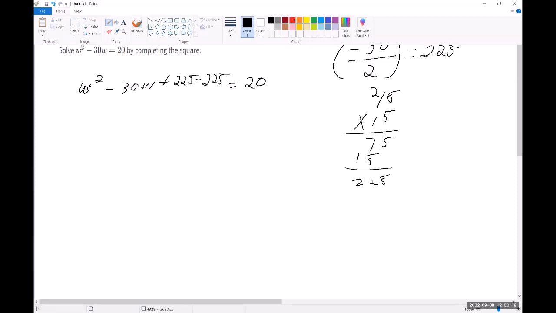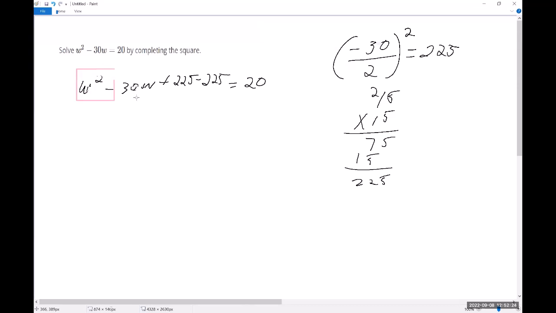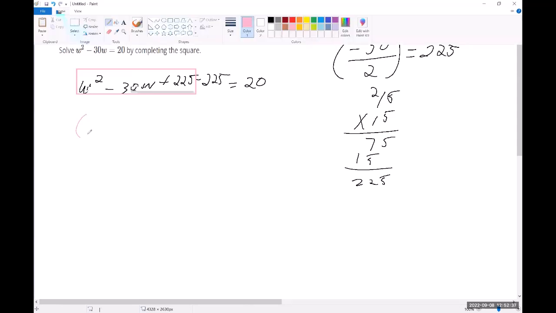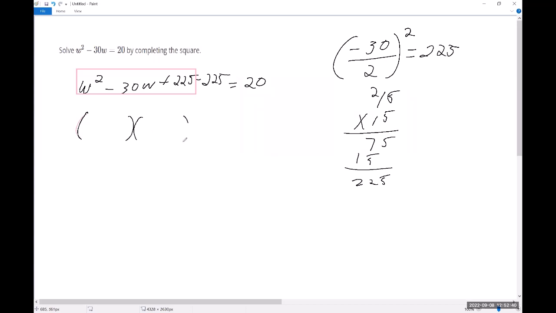But then I'm going to work off of just that piece and say, okay, well, why don't I factor that? And it should really factor very nicely because of the way we did the work. So it should be minus 15 and minus 15, and you can check that on your own.